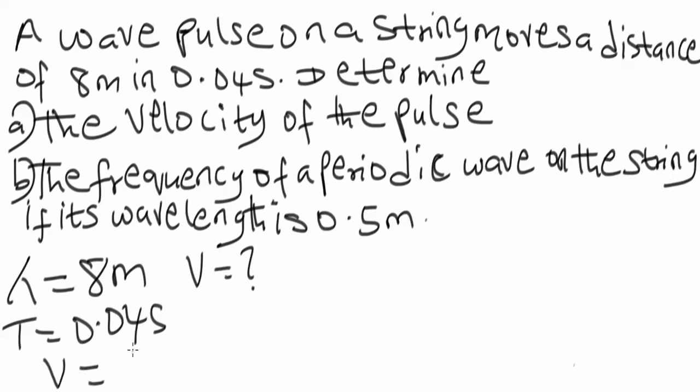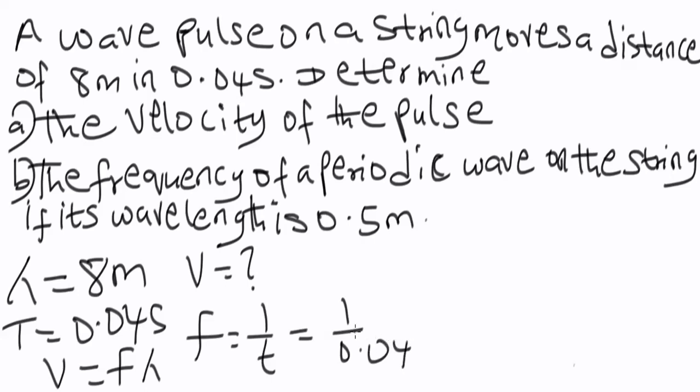So we're going to apply this formula, V equals frequency times lambda, that's wavelength, and we all know that frequency is the inverse of time. So this is going to give us 1 over 0.04. If you punch it in the calculator, it's going to give you 25 hertz.